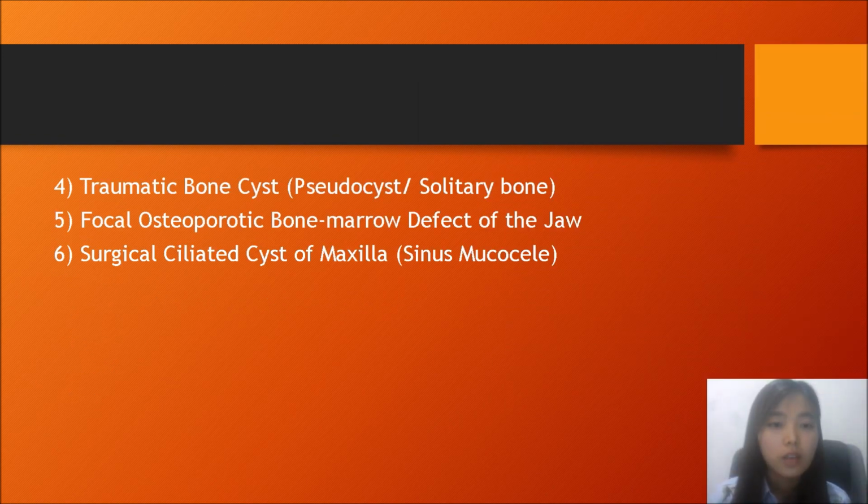So, other than the fracture, the physical injury to the hard tissue can be the traumatic bone cyst, which is known as the Schildorf cyst or solitary bone cyst, or the focal osteoporotic bone marrow defect of the jaw, or the surgical ciliated cyst of maxilla, which is also known as the sinus mucosal cyst.